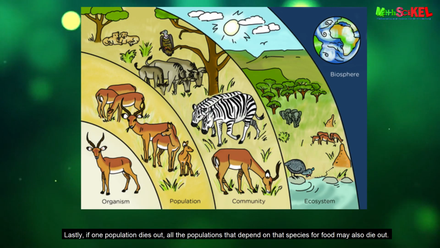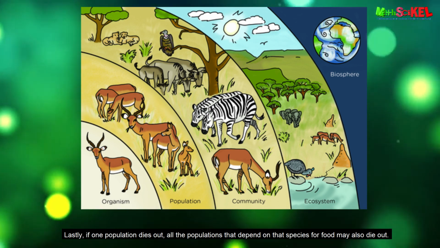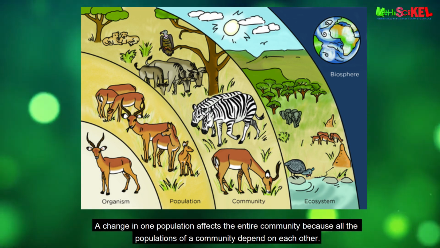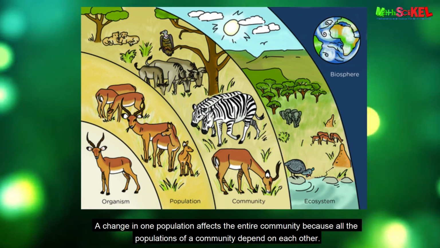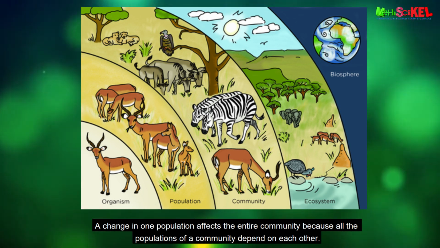Lastly, if one population dies out, all the populations that depend on that species for food may also die out. A change in one population affects the entire community because all the populations of a community depend on each other.